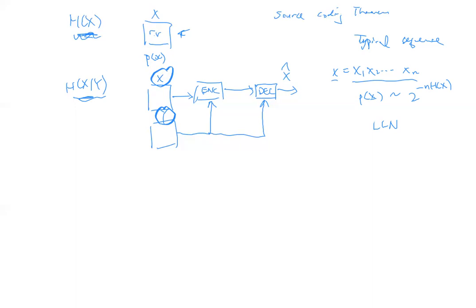And since all the typical sequences have the same probability, we can argue that the number of typical sequences is just 1 over this probability, which is 2 to the n H(X) typical sequences.